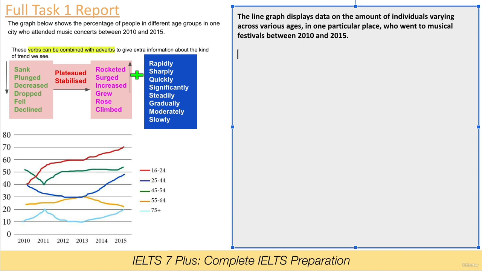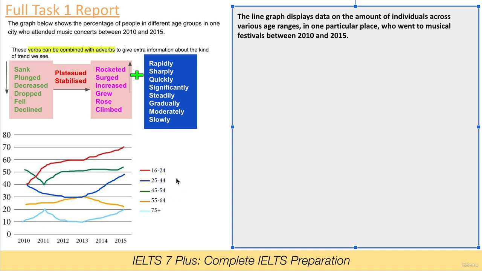The line graph displays data on the amount of individuals varying across, now really important to read this back, varying across age groups maybe, or varying across different, amount of individuals across different or various age ranges in one particular place who went to musical festivals between 2010 and 2015.